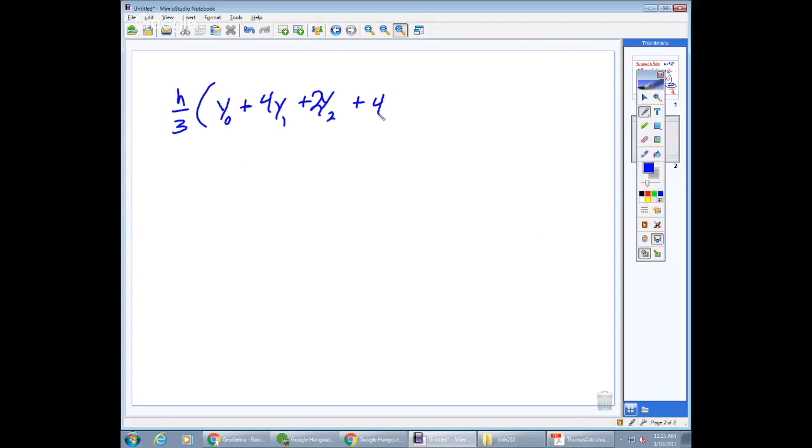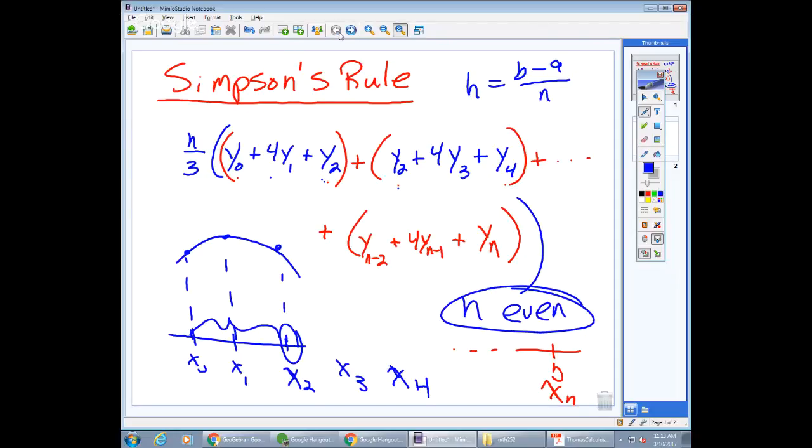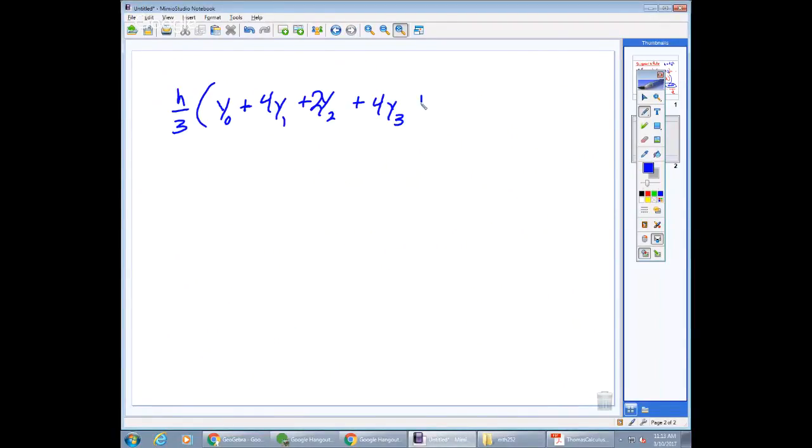So I have a 4y3. But then, let's see where to go. This ending y4 is going to be the beginning of the next chunk. So it appears twice. So you get this alternating 2, 4, 2, 4, 2, 4 moving throughout Simpson's rule. So it's going to be a plus 2y4. And then this just keeps going all the way to the end.